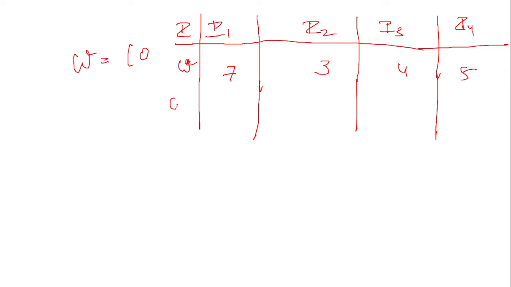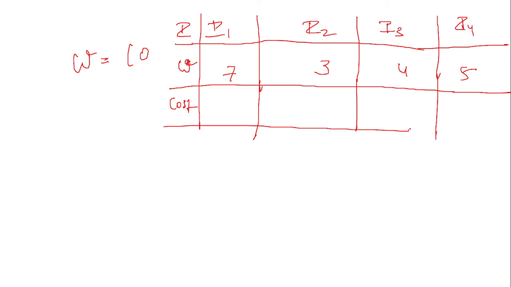Now coming to the cost: item 1 is 42 rupees, item 2 is 12 rupees, item 3 is 40 rupees, and item 4 is 25 rupees.